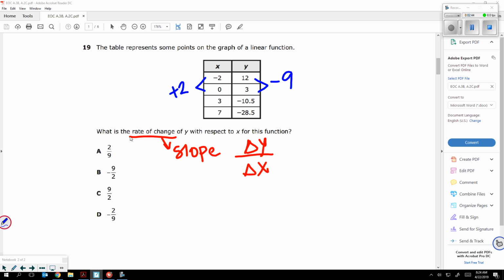Okay, now I have my change of y and I have my change of x. So my change of y is -9 over my change of x is a +2. So I go to my answer choices and B is my answer.